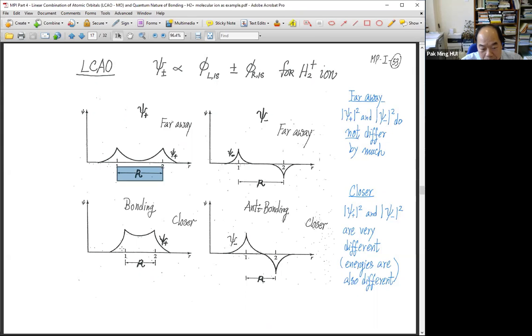as a function of the separation, the bonding one, you will have enhanced probability with increasingly wider separation, narrower separation. You have some probability in the middle of finding the electron. This -1, 0, you have a nodal plane in the middle.